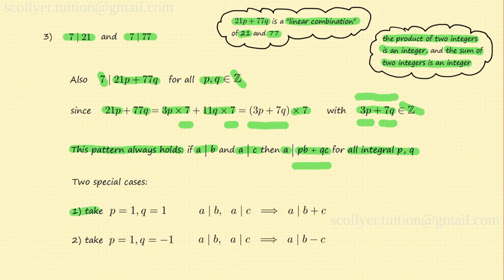For the first, take p equal to 1, q equal to 1, and then if a divides b and a divides c, then a divides b plus c. For the second, take p equal to 1, q equal to minus 1, and then if a divides b and a divides c, then a divides b minus c.